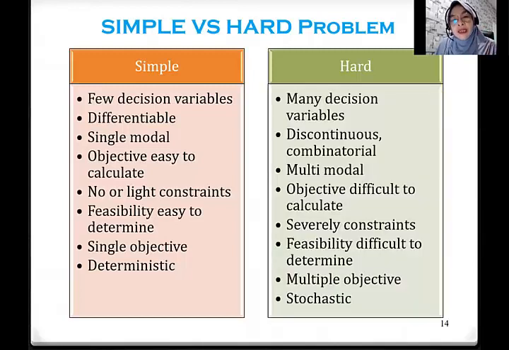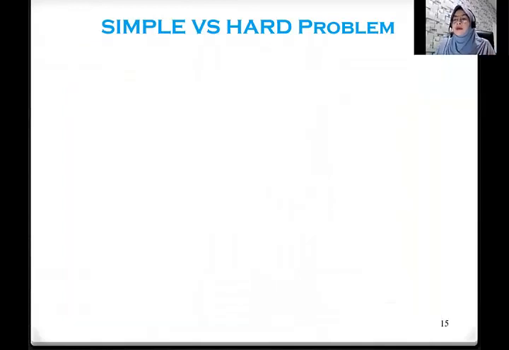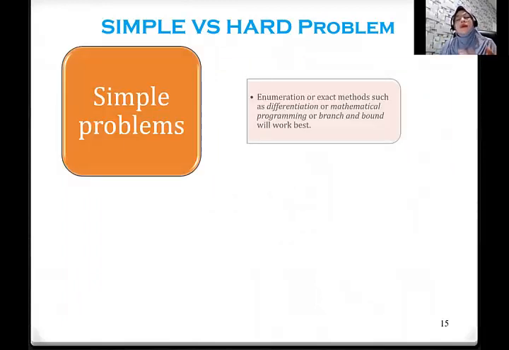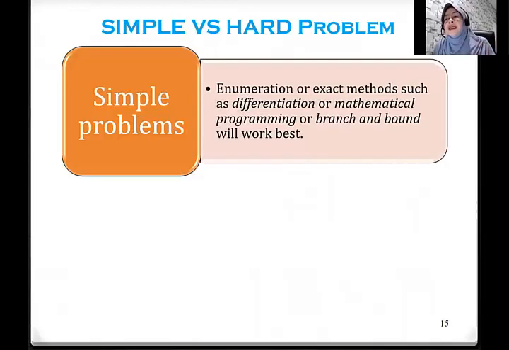Hard problems have many decision variables, are discontinuous or combinatorial, multimodal, have an objective that is difficult to calculate, are severely constrained, have feasibility that is difficult to determine, and have multiple objectives and are stochastic. For a simple problem, enumeration or exact methods such as differentiation, mathematical programming or branch and bound will work best.